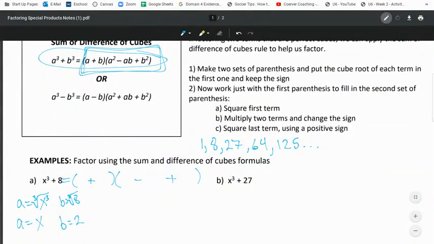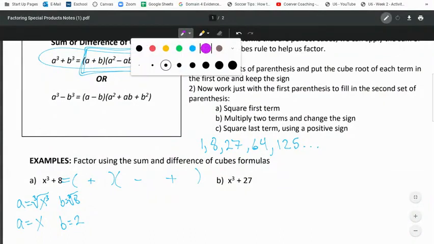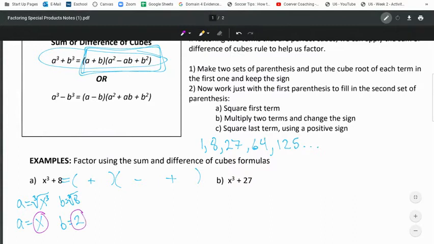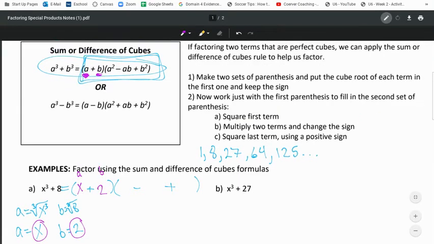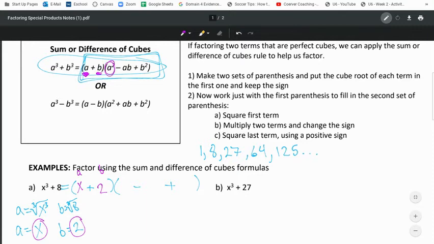And now it's simply just plugging in. I'm going to use these two values. This one says A, so that's just x. The next number is B, so that's just a 2. Then this is where things get a little tricky. The next parentheses is A squared, so I take x times itself, which gives me x squared.